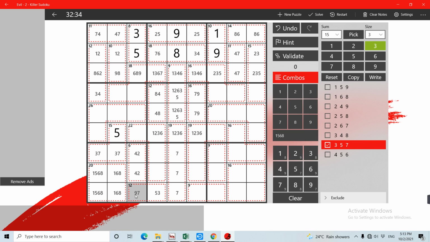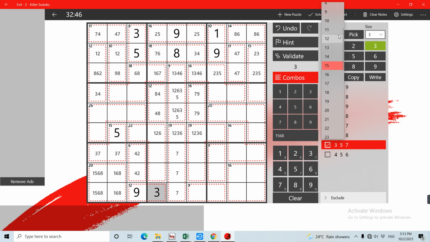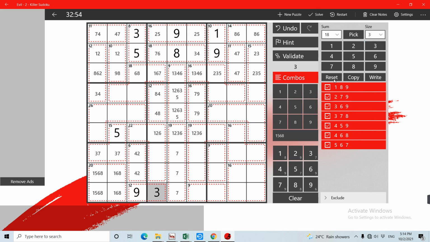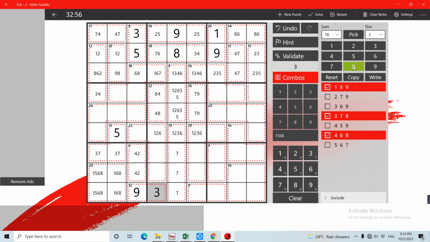That means this is our 9, which gives me a 3 here, which means the combination of 18, we just lost one more combination. In the combination of 18, I need to include an 8, but I cannot have a 9, I cannot have a 2, I cannot have a 5.